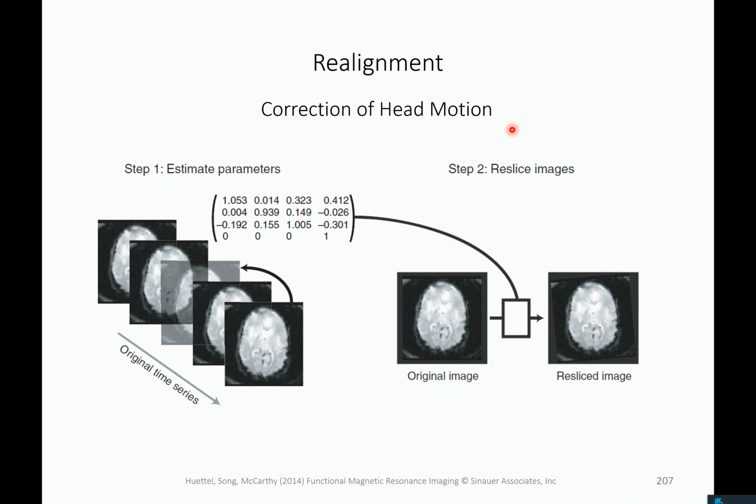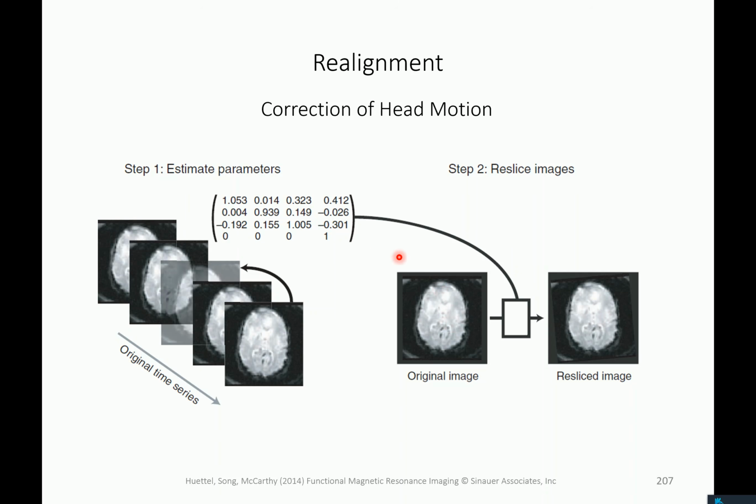This shows then basically the logic of how this is done. So you have here the original time series in volumes, so these are not slices now, these are volumes. This is one slice of a given volume, and for each difference between 2 volumes, 6 parameters are estimated that relate to the translation and the rotation.